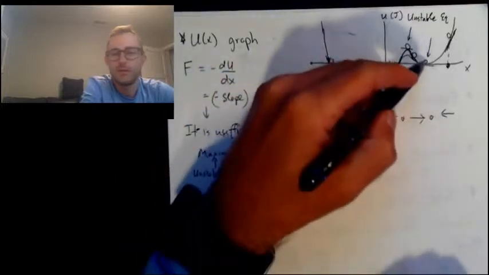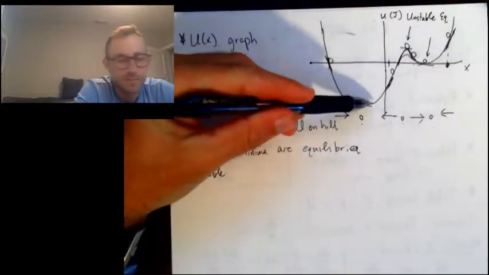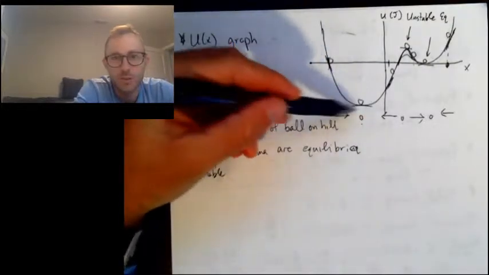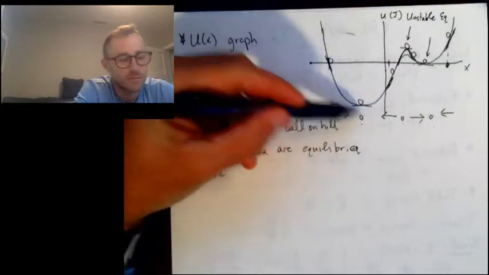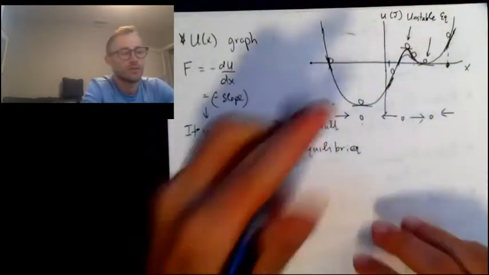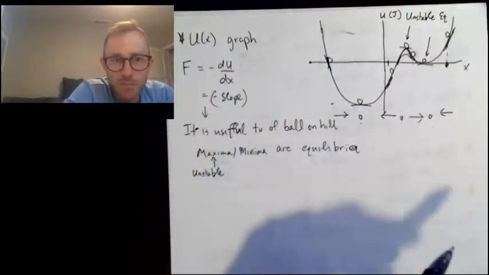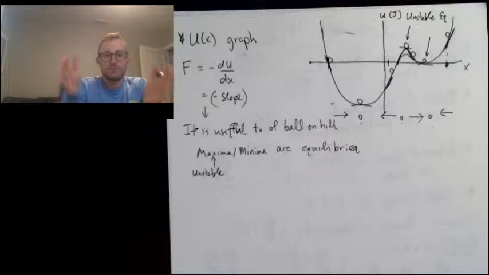The minima, however, if you push the ball to the right, it's going to start rolling back and forth like this. If you push the ball to the left, it's going to start rolling back and forth. So for a minimum, if it starts out near the minimum and you nudge it, it stays close to the minimum.